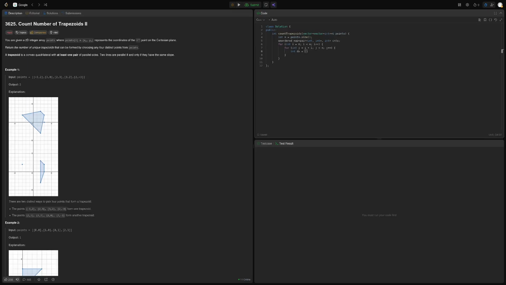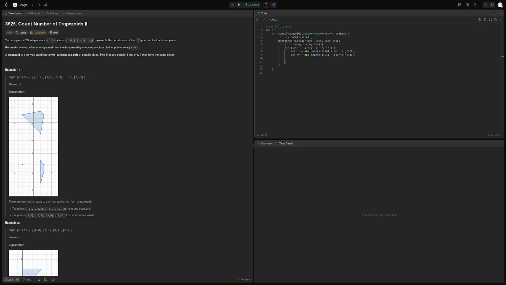Delta x is equal to the absolute value of points i0 minus points j0, and delta y is the absolute value of points i1 minus points j1.